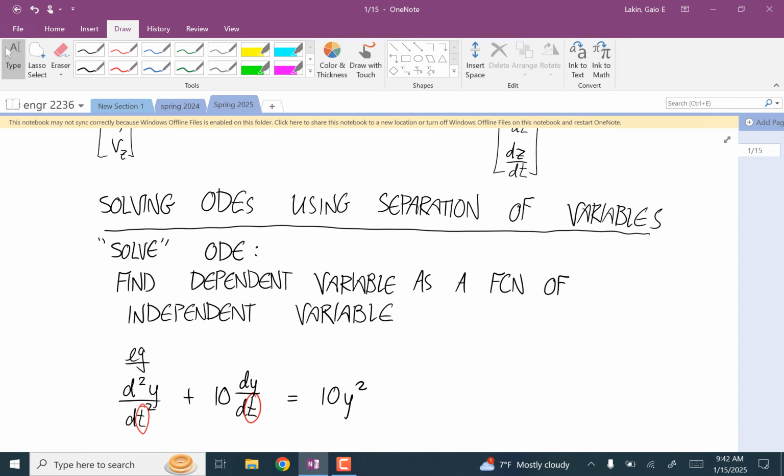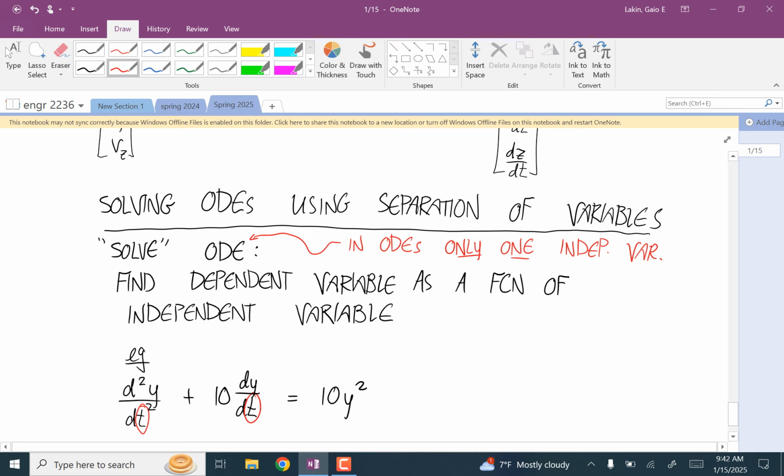Well, here's the thing with ODEs. In ODEs, ordinary differential equations, there's always only one independent variable. In partial differential equations, there's more than one independent variable.